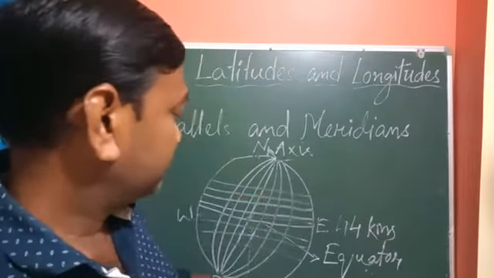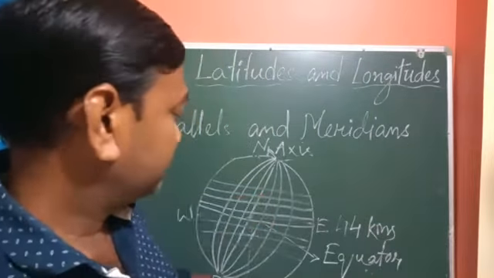Now, parallels or latitudes. What are parallels or latitudes? We can draw a set of circles between the North Pole and the South Pole. Between these two poles we can make circles, and these circles should be parallel to the equator.